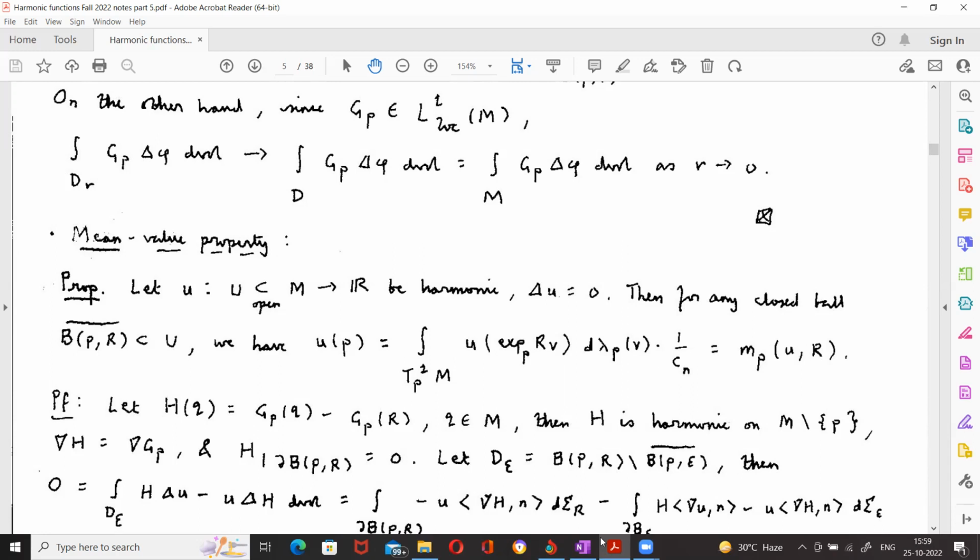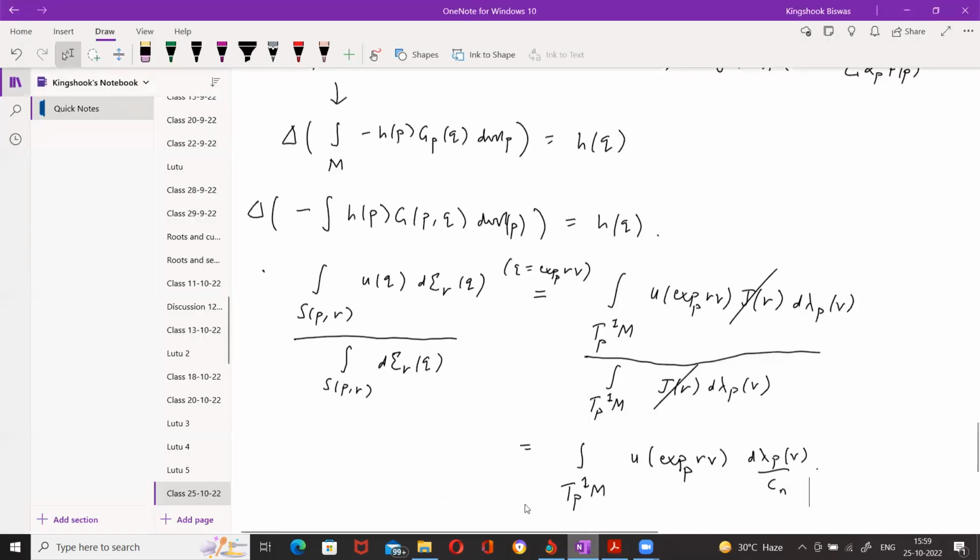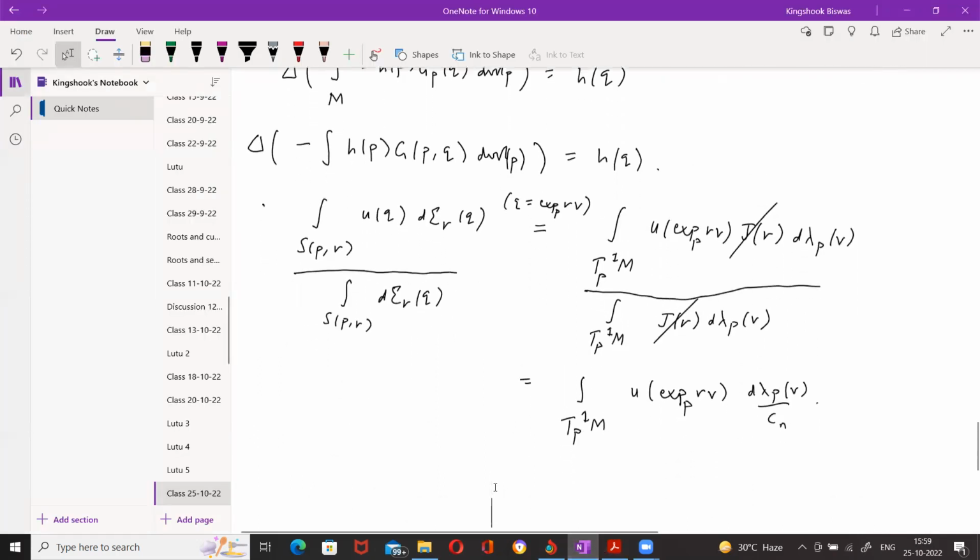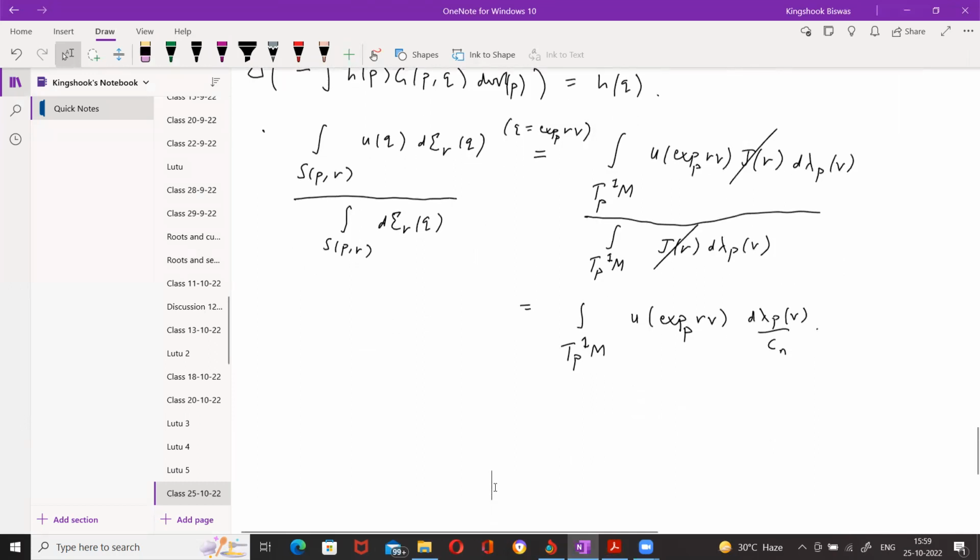I'll remark that there is a version of the mean value property for general Riemannian manifolds, not necessarily harmonic. But then the measure with respect to which you compute the mean value is not the surface area measure divided by volume.